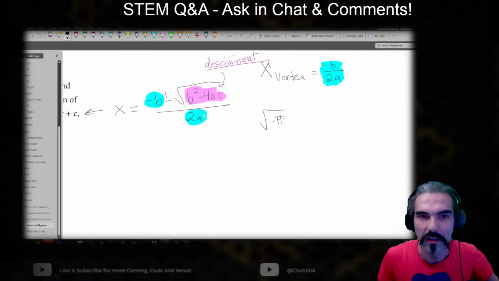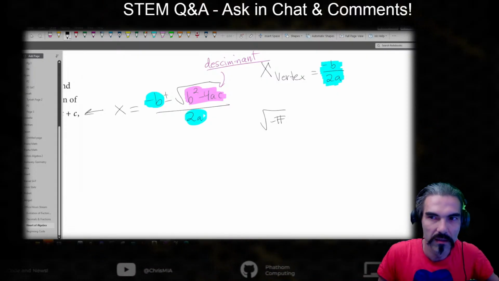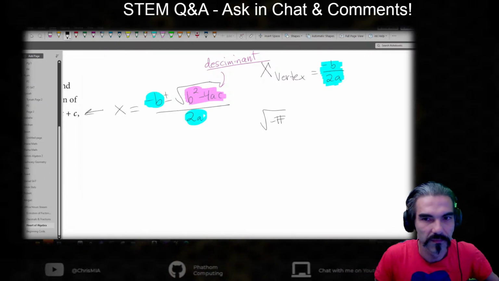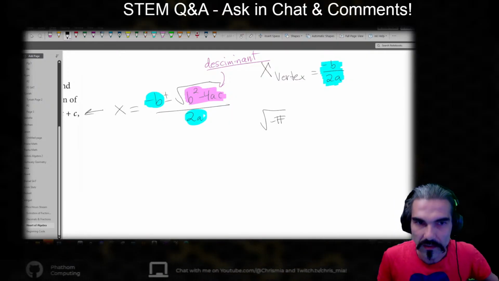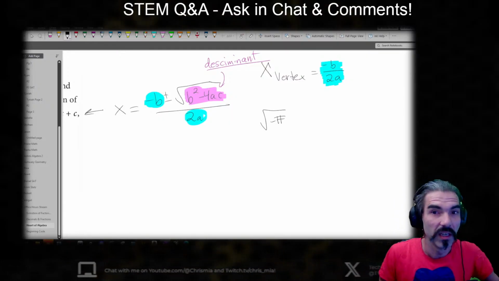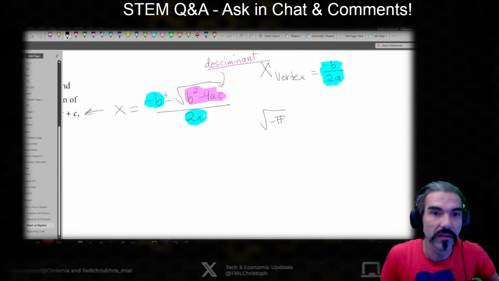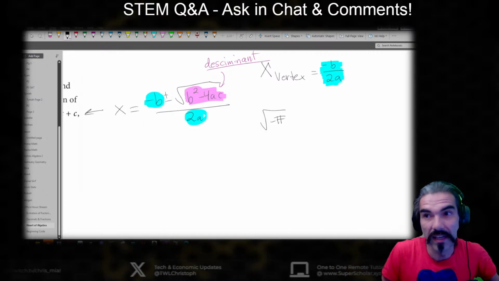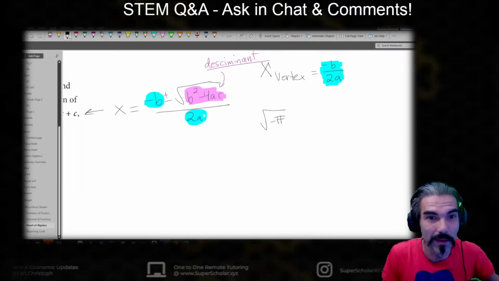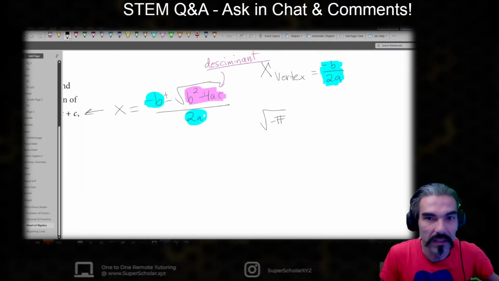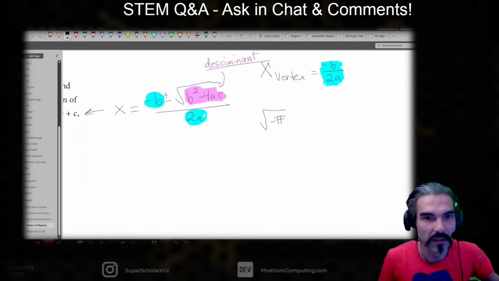A square root cannot have a negative inside because the number that we would normally square would always turn positive. The square of negative 2 is negative 2 times negative 2, which makes positive 4. There's no scenario where a square root going backwards will take a positive 4 or a negative 4 and go back to two numbers, because a negative times a negative, or even a positive times a positive, both end up positive, and that's normally the case for a square root.